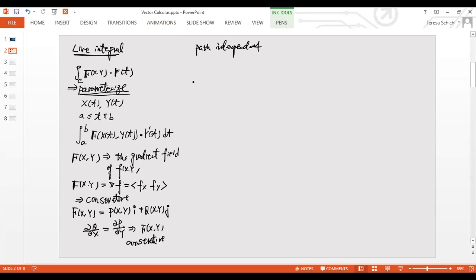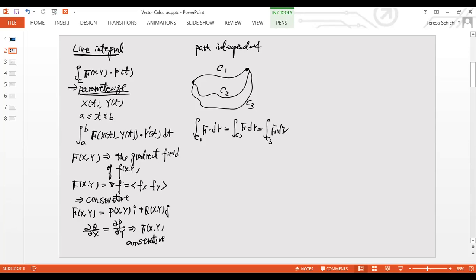That means if you have a path starting here, say C1, and C2 goes this way, or C3 goes this way, as long as they are in the conservative field, then the integral of F dot dr over C1 will be equal to the integral over C2, and equal to the integral over C3. This is one of the very important things for path independence, if and only if F is conservative. It is very convenient to use.